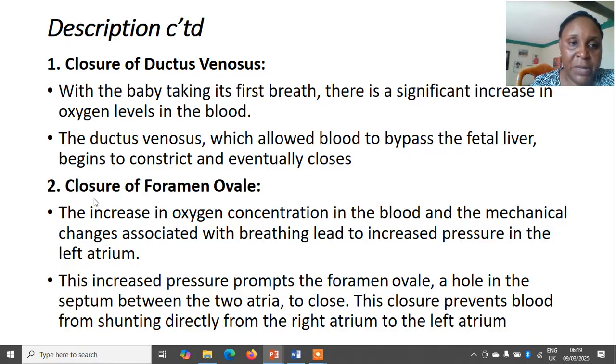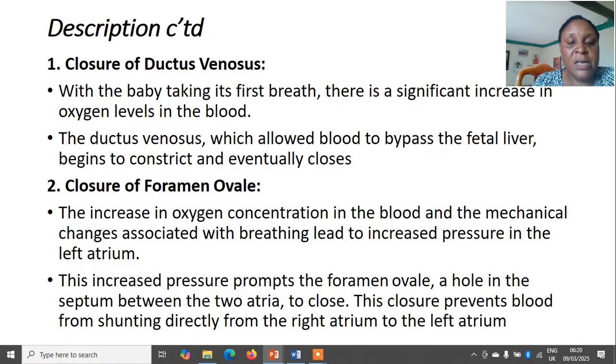And what happens? Closure of the ductus venosus. When the baby takes its first breath, there is a significant increase in the oxygen levels in blood. The ductus venosus, which allowed blood to bypass the fetal liver, begins to constrict and then eventually closes. The foramen ovale closes.